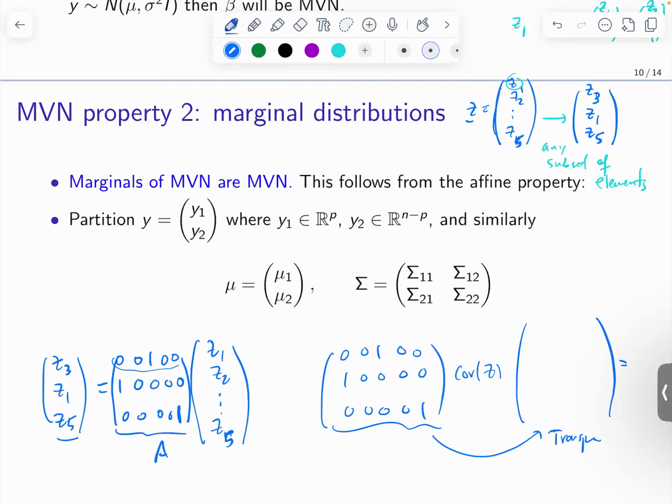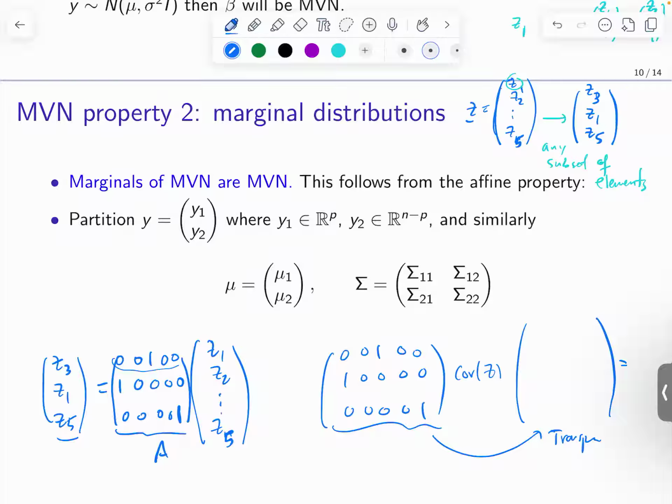But just the fact that this property allows you to claim that the result would be normal. And in fact, the covariance matrix of this would be a particular submatrix of the original covariance.